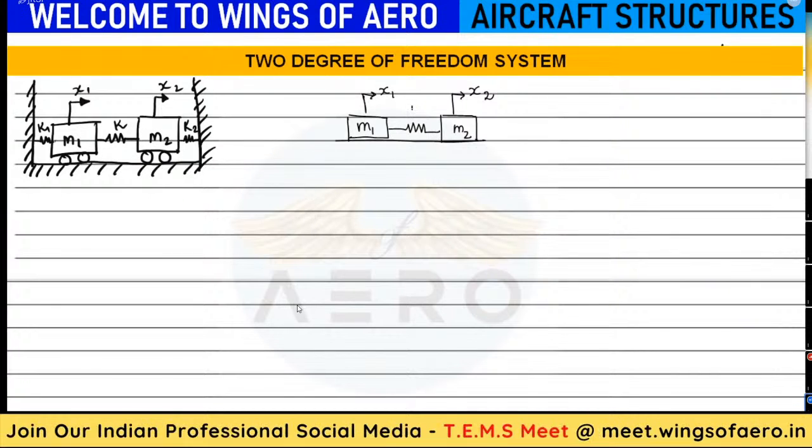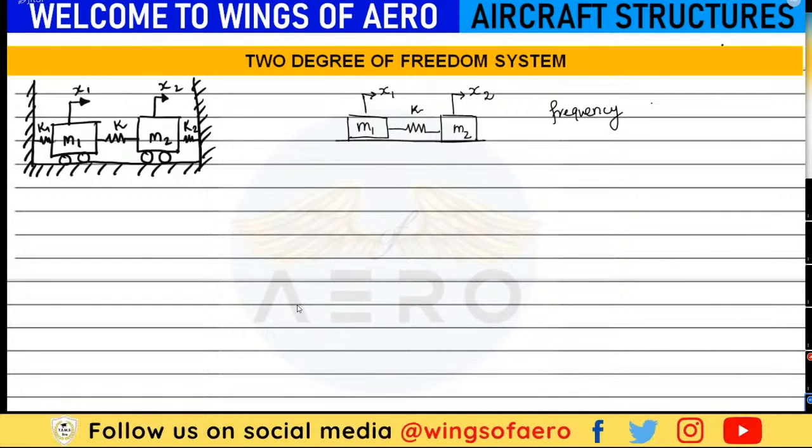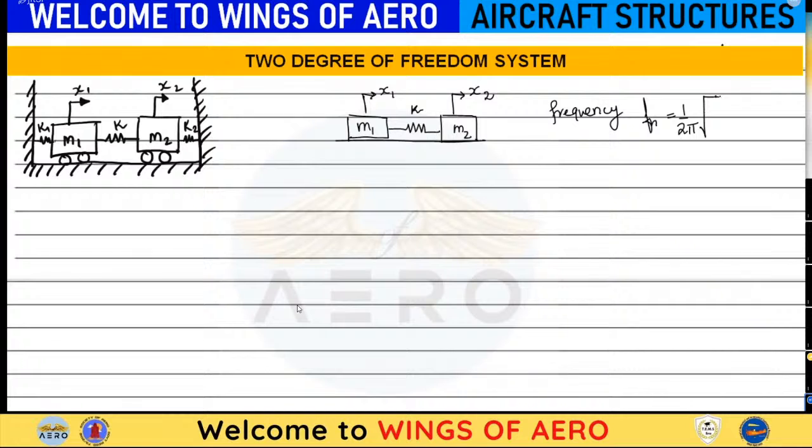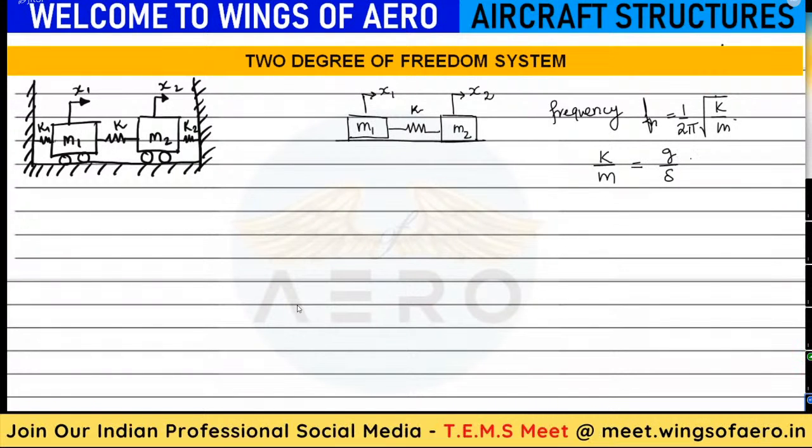Similarly, you need to find out the frequency. You know how to find out the frequency. We can write it in two forms. One is fn equals 1 by 2 pi root over k by m, right? So k by m can also be written as g by del, that is 9.81 by deflection.